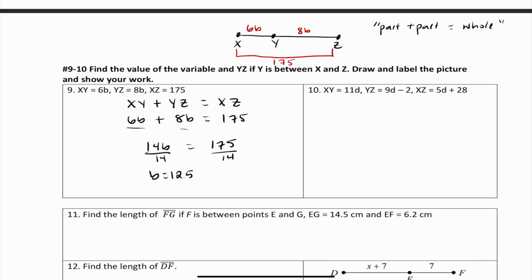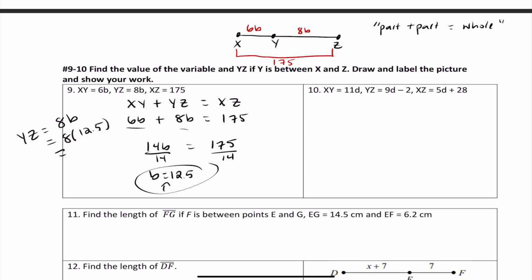Okay? Now, just because I solve for b does not mean I stop there. I need to go back and read the question. What is it asking me to do? It says find the value of the variable, which we did, and yz. And yz is 8b. So go back, look at the question, look at your picture that you labeled, and then yz is equal to 8 times the b that you found, which is 12.5.